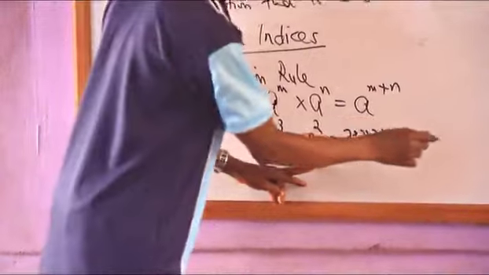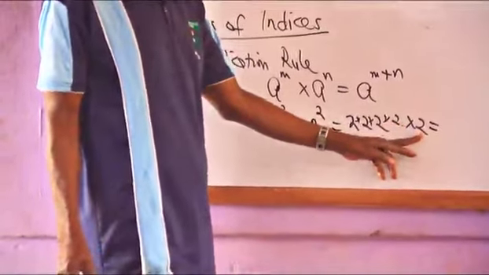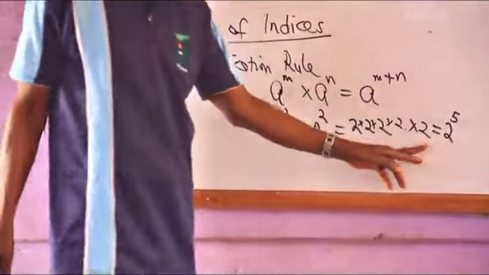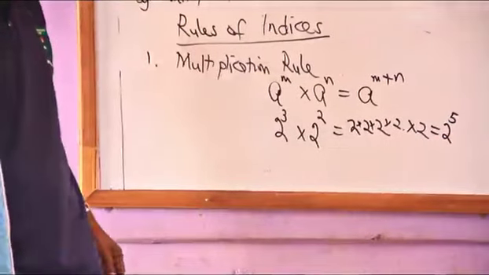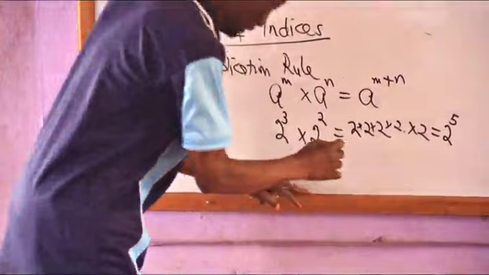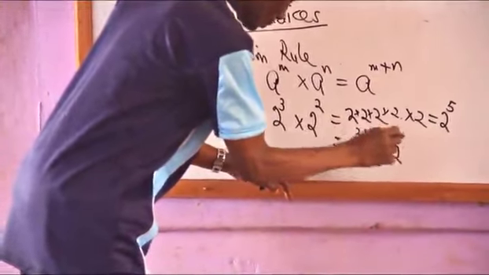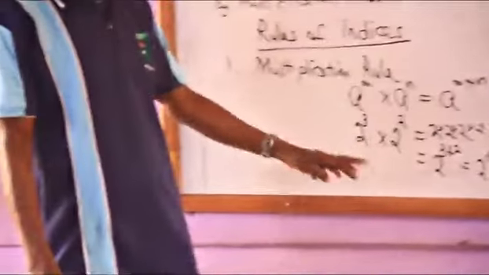I'm going to have 1, 2, 3, 4, 5 2's. So that 5 will now be the power of 2, which you can simply write as 2 raised to 3 plus 2. You add the powers. You must understand the rule.